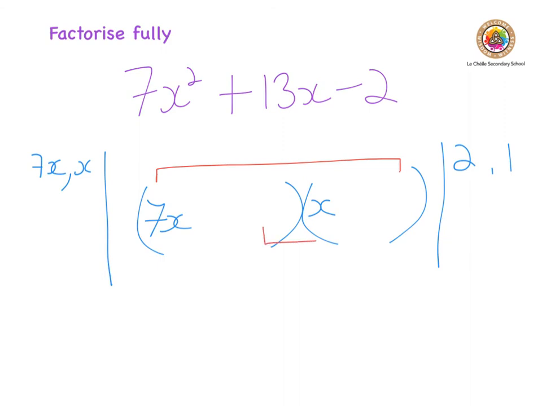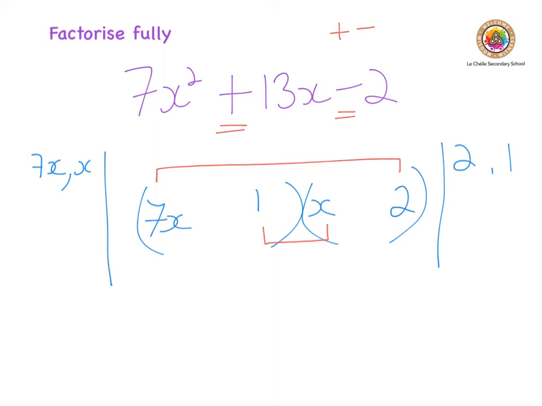And I know that always this is the way the brackets work out. So here I'm going to have 7x by 2, and I'm going to place my 1 here beside x. And then I'm going to see my signs. So here I see that's a minus sign, so I know one has to be positive and the other has to be minus. And I see this is positive, so I know I want my bigger number, the thing that gives me the biggest amount, to be positive and the other to be negative.